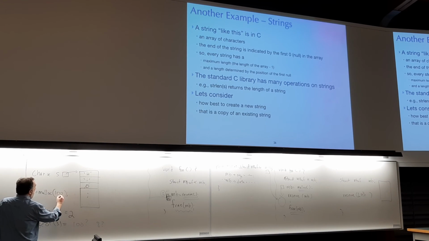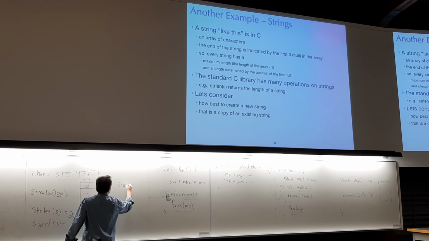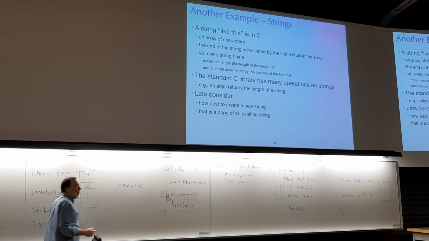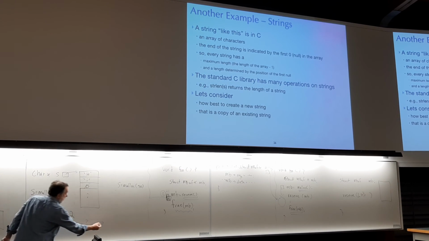Here in this example I wrote 100 there, but there may be many places in the program that assign values to S. Maybe there's another place that says S equals 50. So the actual size of this array is a dynamic property of the program. Sizeof couldn't possibly tell you what it is. All that it tells you here is the size of this pointer, which is 8 bytes.